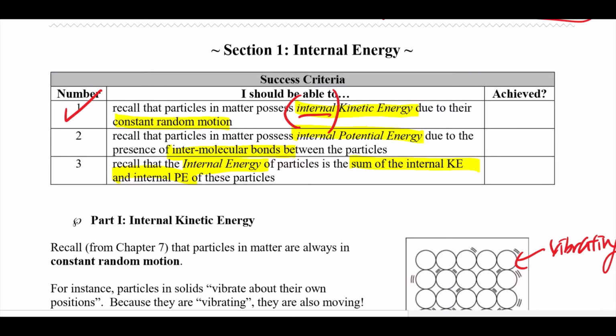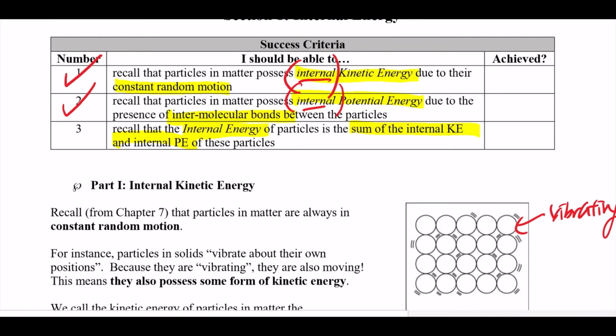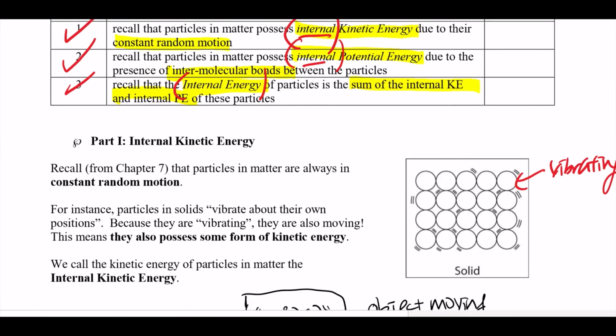Particles have internal kinetic energy and internal potential energy, due to some form of intermolecular bonds. Because these particles have internal KE and internal PE, the sum of these two energies gives rise to the internal energy of the particles in a substance. This is the success criteria for this part.